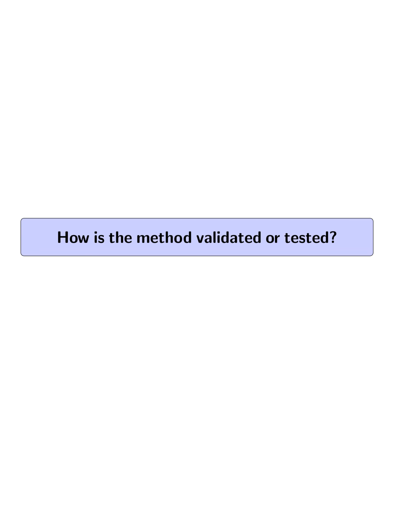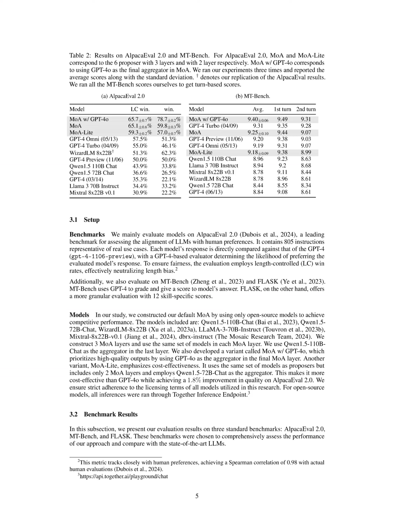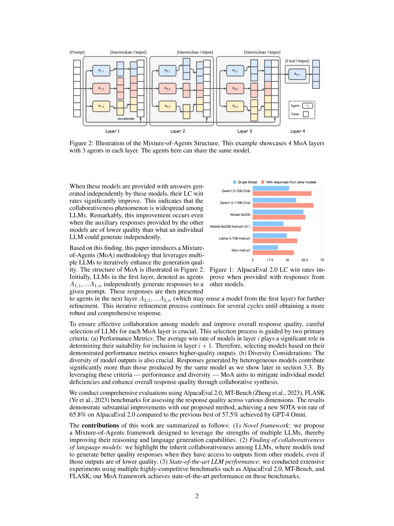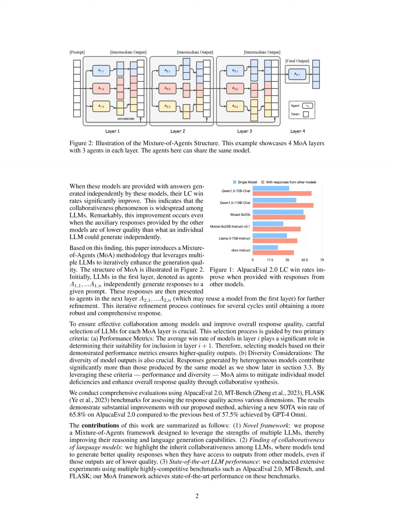How is the method validated or tested? The method proposed in the paper is validated and tested through comprehensive evaluations using benchmarks such as AlpacaEval 2.0, MT-Bench, and FLASK. The results of these evaluations demonstrate substantial improvements with the mixture of agents (MOA) methodology, achieving a new state-of-the-art win rate of 65.8% on AlpacaEval 2.0, surpassing the previous best of 57.5% achieved by GPT-4 Omni.